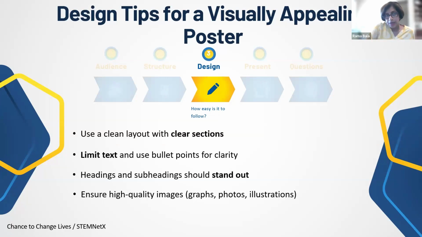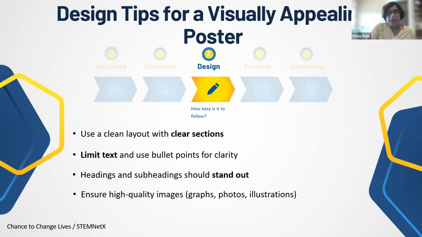Avoid lengthy paragraphs and a lot of clutter in the poster presentation. So limiting text and concisely presenting your research is important for a visually appealing poster. Headings and subheadings help with presenting or highlighting some key aspects of your research. So you can bold the headings and subheadings, or you can underline, draw some visual contrasts by using colors.